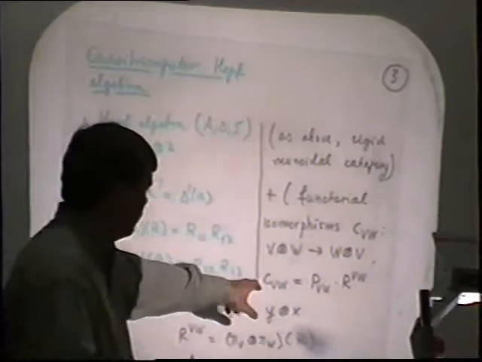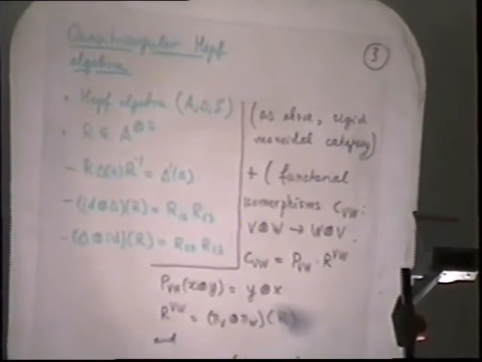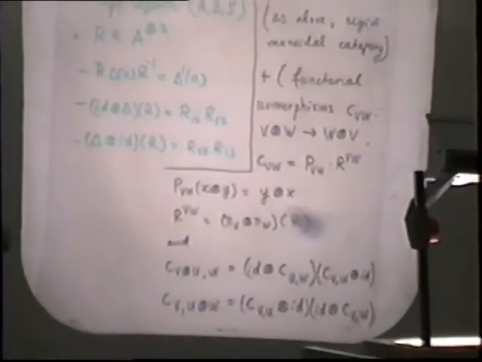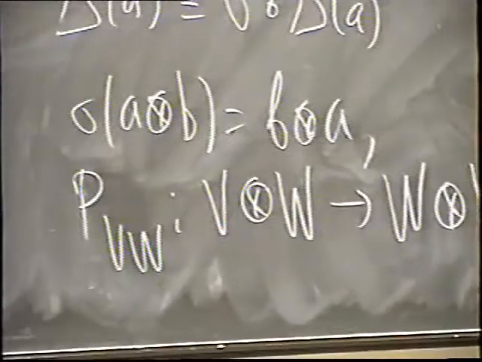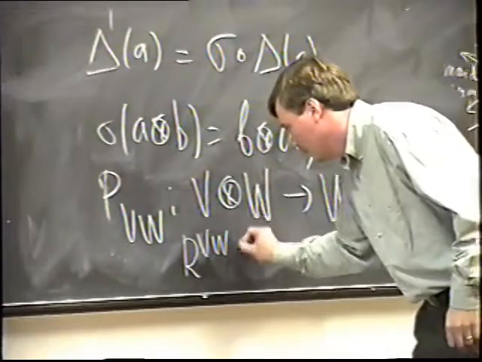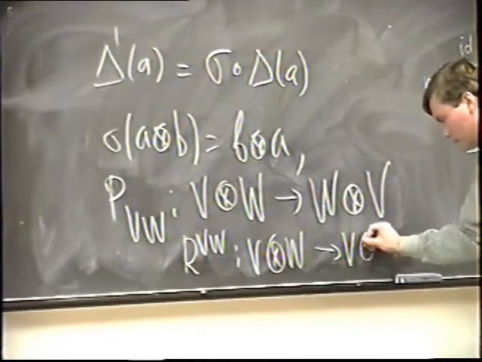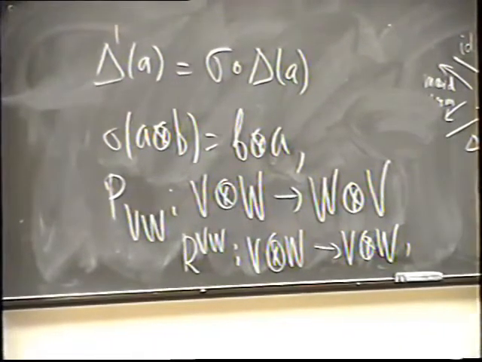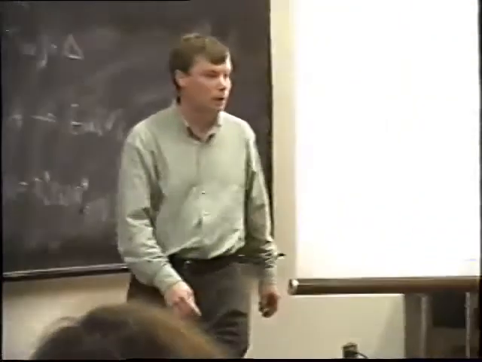And the commutativity constraint in this case is given by the composition of the permutation map P_VW, which maps V tensor W to W tensor V and just exchanges the factors, and R_VW, which acts from V tensor W to itself, and is just the result of the evaluation of this element R at the tensor product of the two representations.